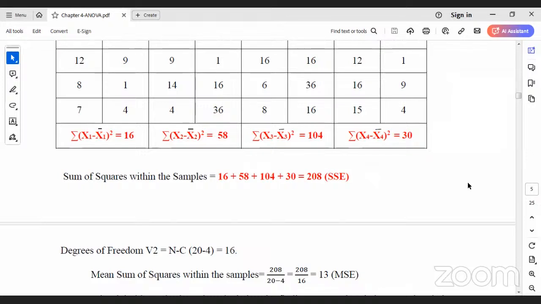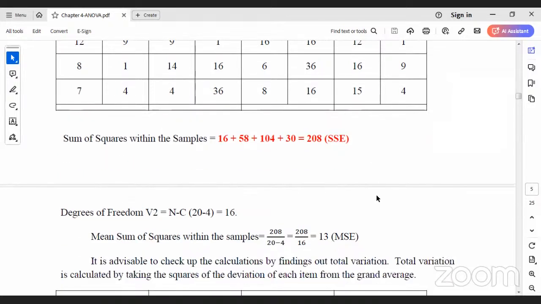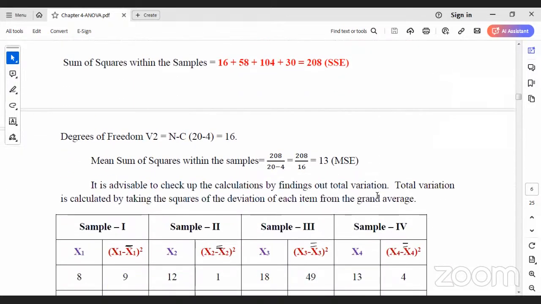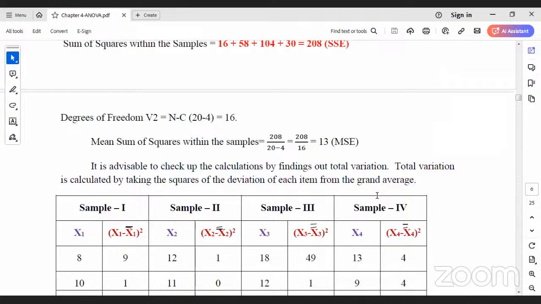No, sir. Okay. So after getting the SSE value, the degrees of freedom as per the ANOVA one-way classification, that is v2, is equal to N minus C. N stands for the total number of samples. There are 20 samples. Then minus C. C stands for columns.